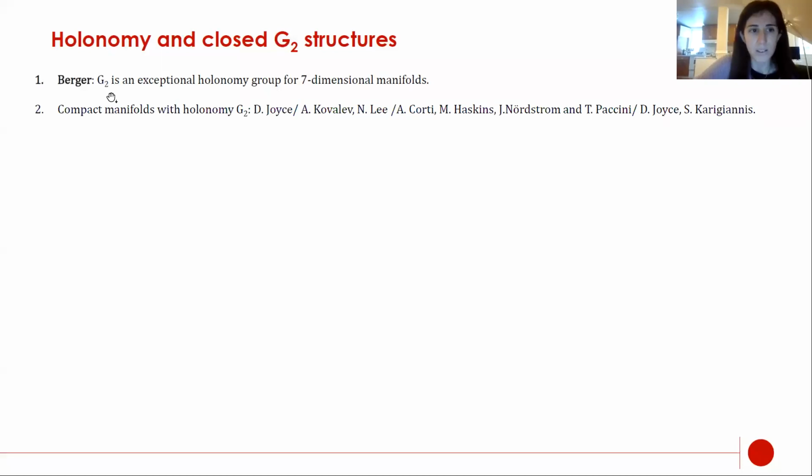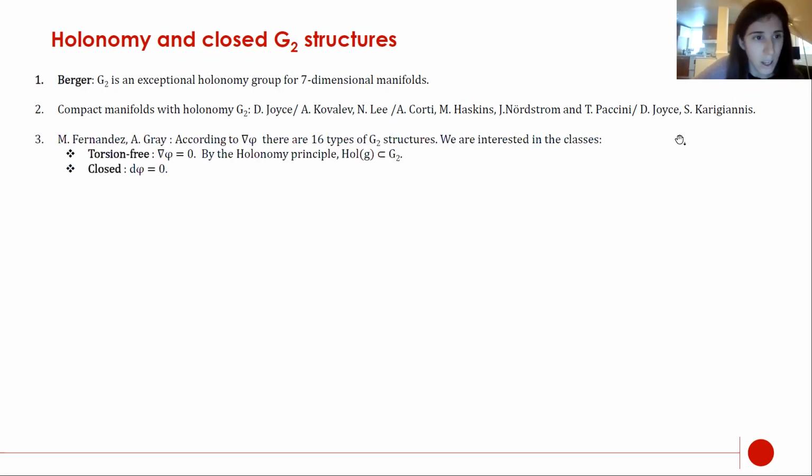But it turns out that compact manifolds with holonomy G2 are very difficult to construct, and up to now we have four constructions. The first one is the construction by Joyce, by resolution, and the construction of Joyce and Karigiannis, which is the last one to appear, is going to be somehow related to the talk.